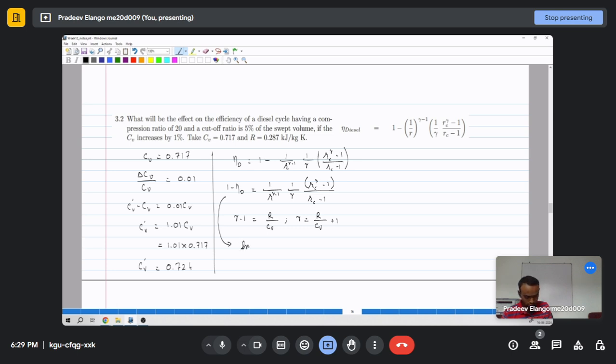So we will have log of 1 minus eta equal to... so applying gamma minus 1 as R by CV and all, we will get minus R by CV ln of r minus ln of r.